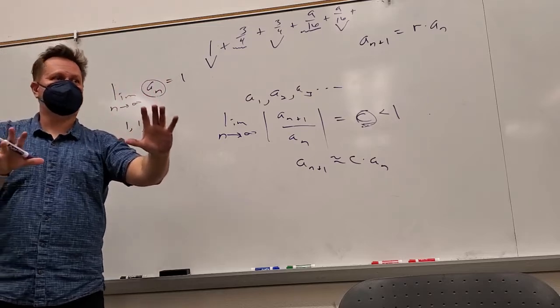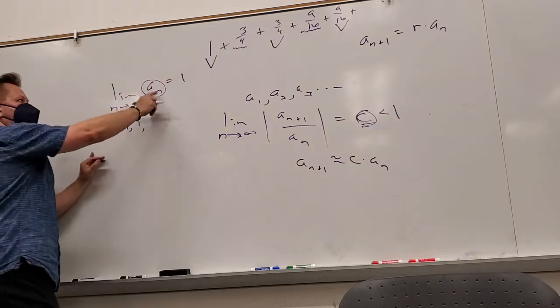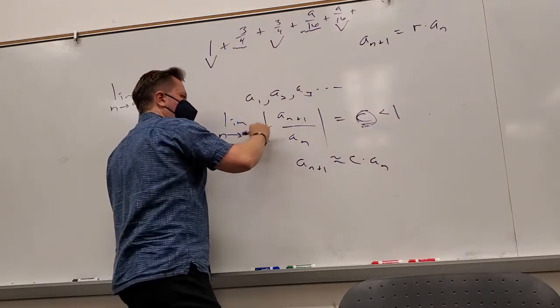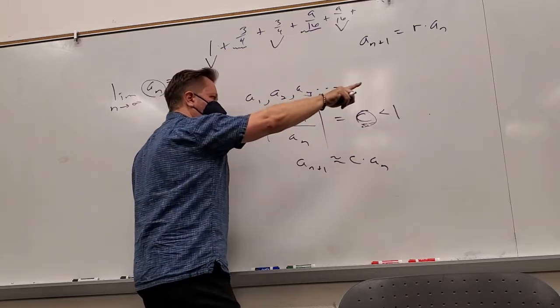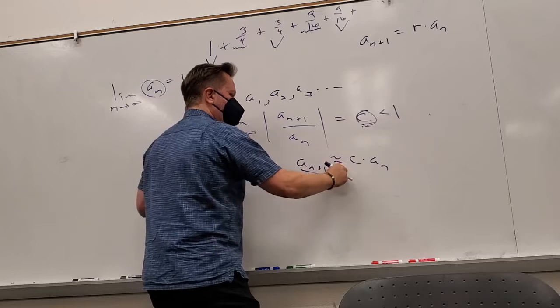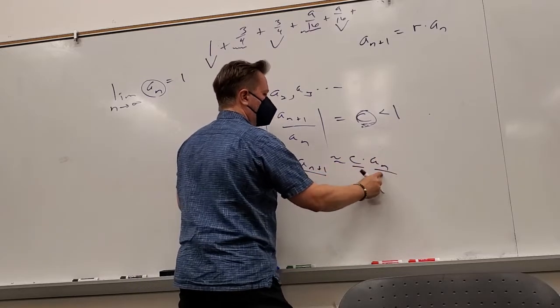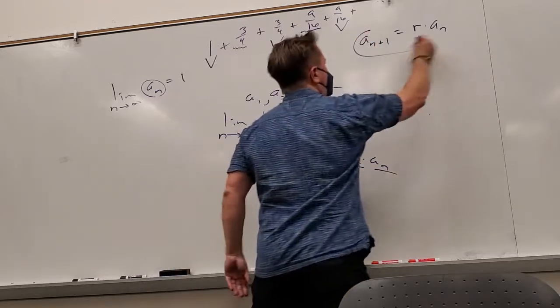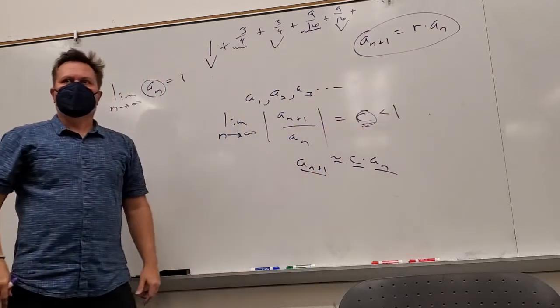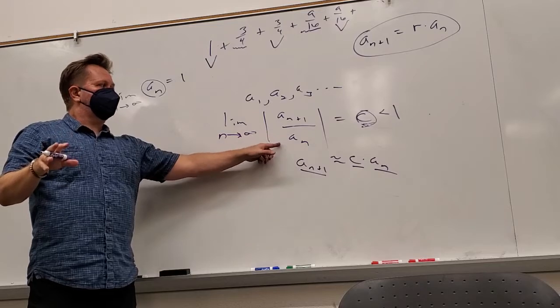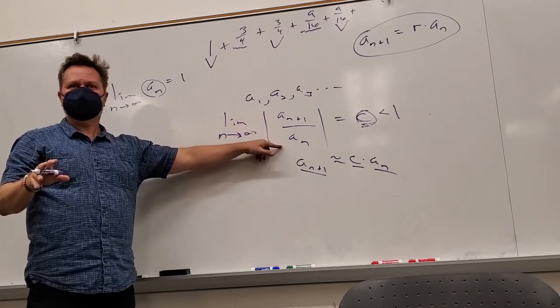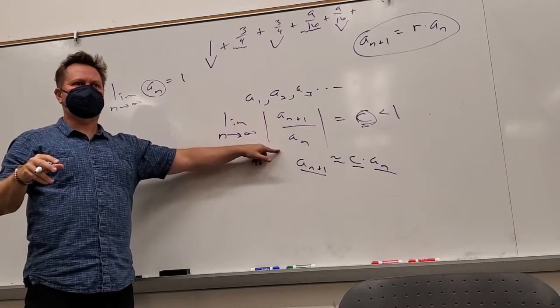Okay, so that's what this means. So if the limit of this ratio is some constant, that means eventually this is that constant times the one before it, which is exactly what a geometric is. I really want to make sure that you understand. Believe it or not, we're going to call this the ratio test, right? This is called the ratio test.